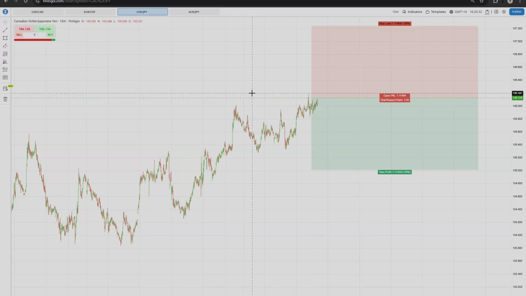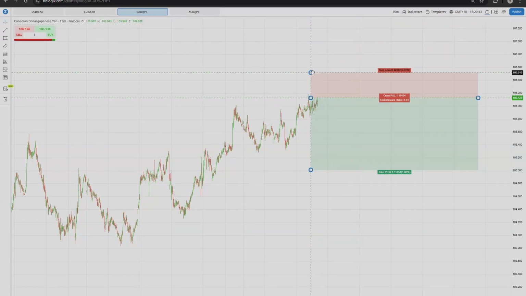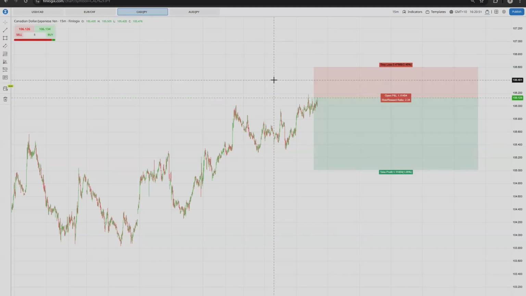I guess for the take profit at least 105, where it is at the moment, and the stop loss would have to be at least half of this, somewhere around here. It's very hard to place a stop loss when you don't have anything, you would have to use the ATR, but here I think it works quite well.